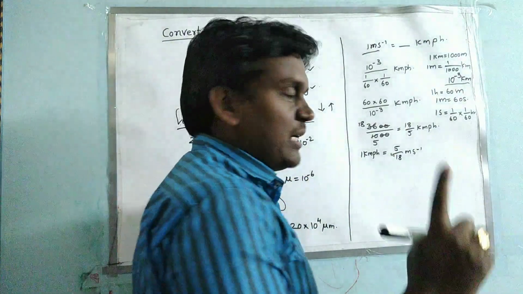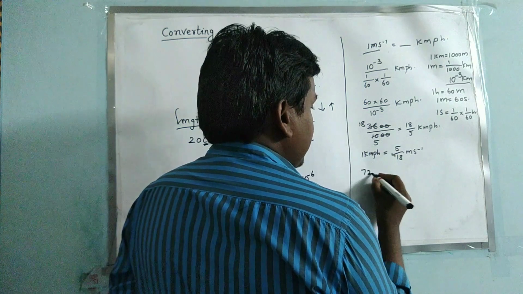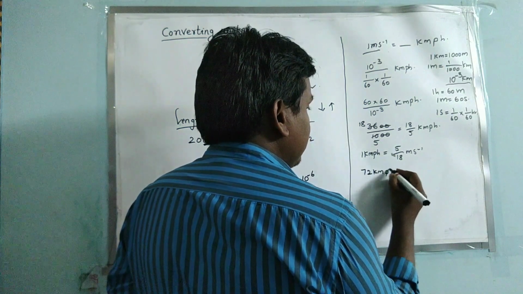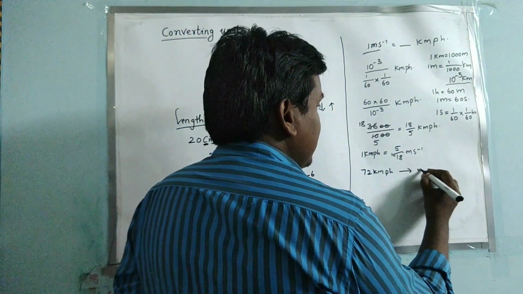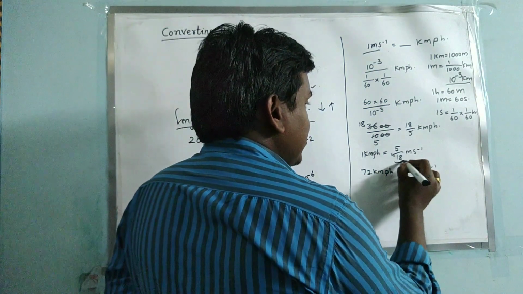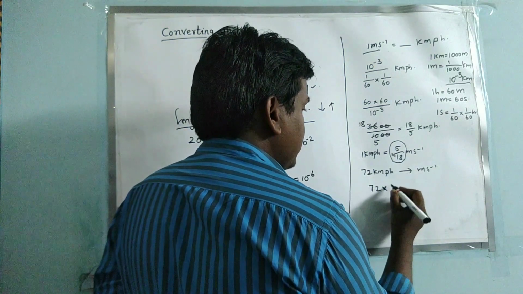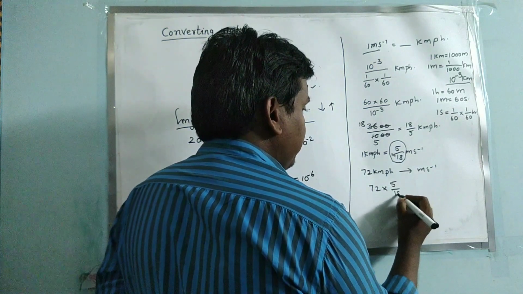So let us see one conversion based upon this speed. 72 kilometer per hour should be converted into meter per second. So what will we do? The conversion factor is 5 by 18. So 72 into 5 by 18.